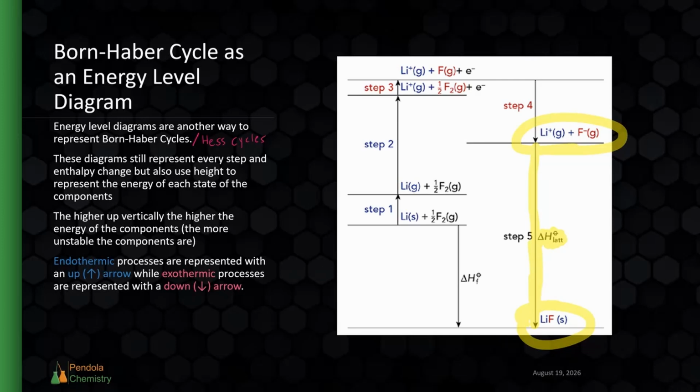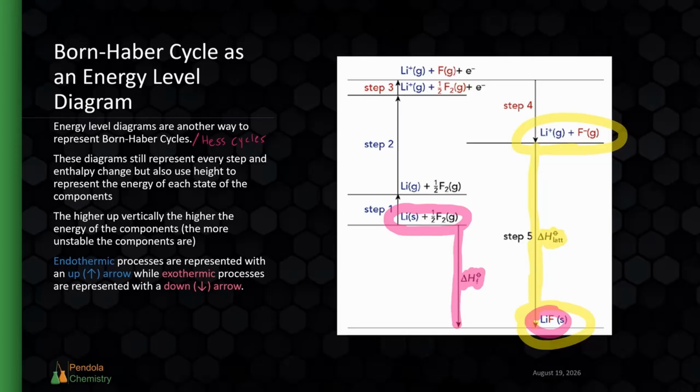We still have the enthalpy change of formation here in pink. If we look at this arrow right here, we have the enthalpy change of formation. Why? We're going from the elements in their elemental forms, lithium solid plus 1/2 F2 gas, to the solid ionic compound. So we still have those 2 components.